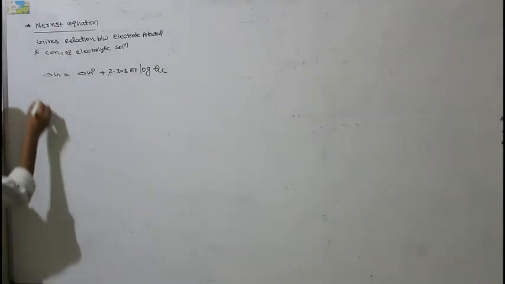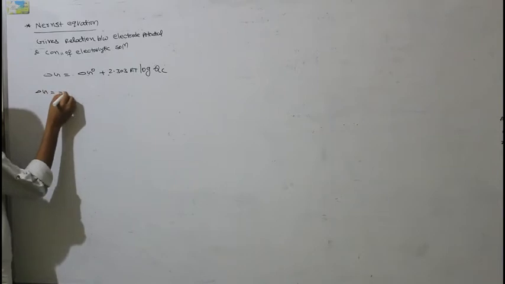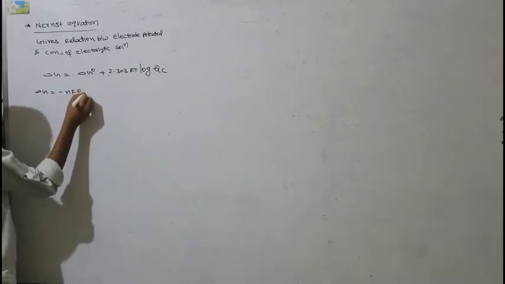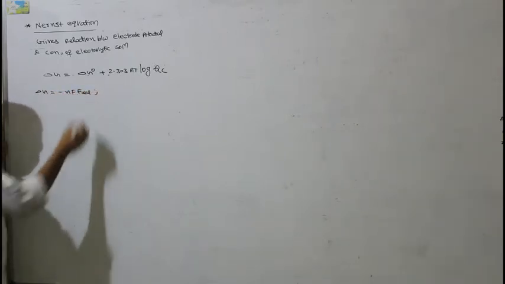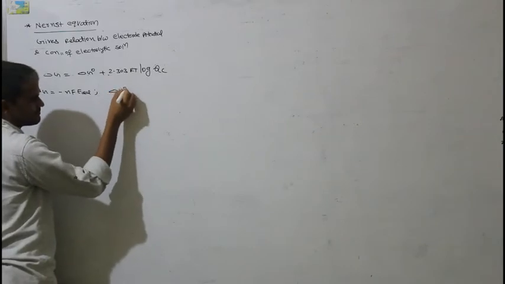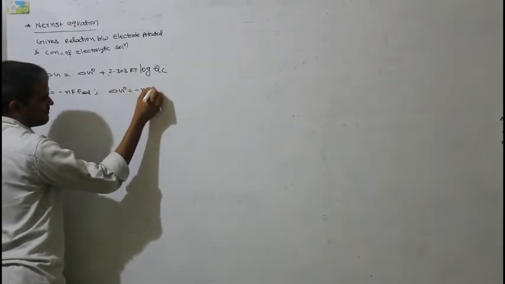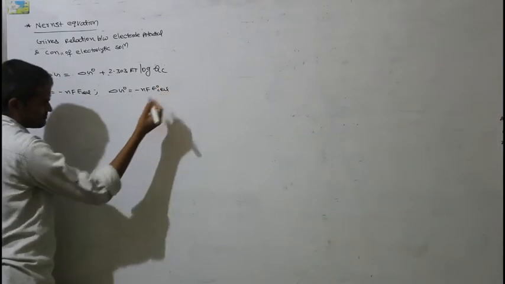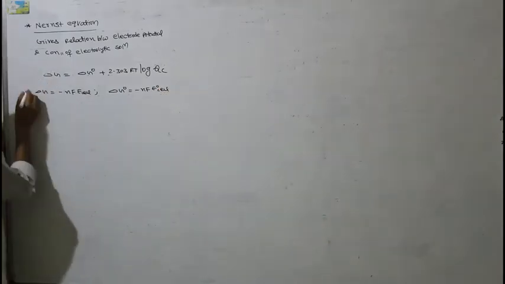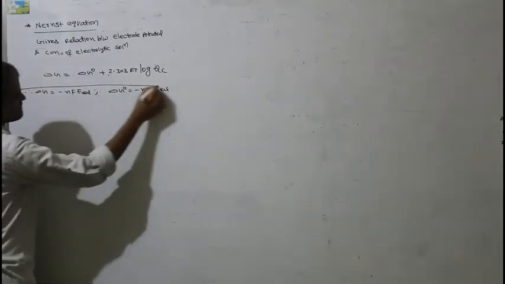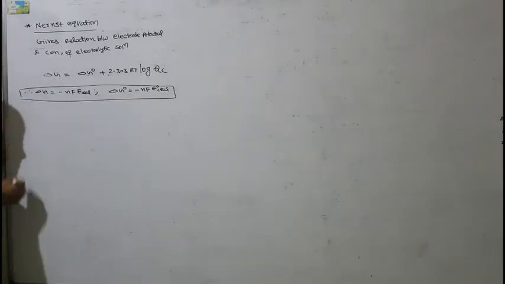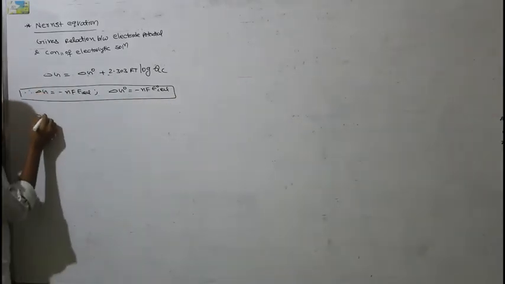So del G expression we know. What is the del G expression? Minus nF E cell. And the del G naught expression is minus nF E naught cell. These both values we substitute in the above equation.